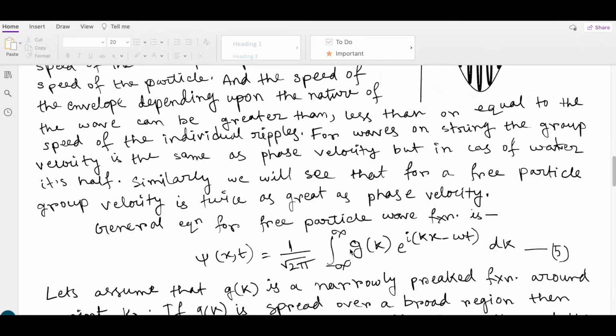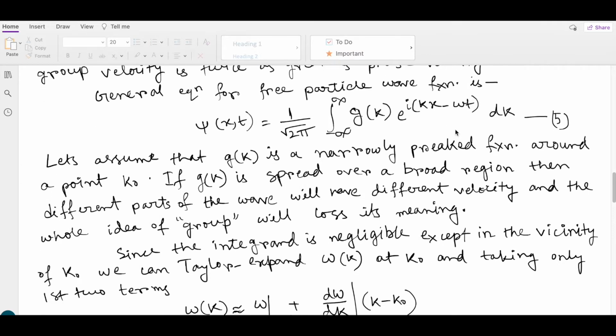The general equation for the free particle wave function is this. We have already derived this in the previous lecture, equation 5. Let's assume that g(k) is a narrowly peaked function around a point k naught.